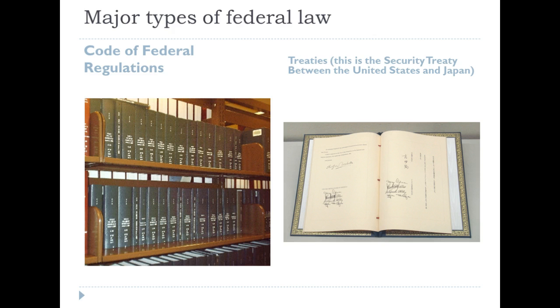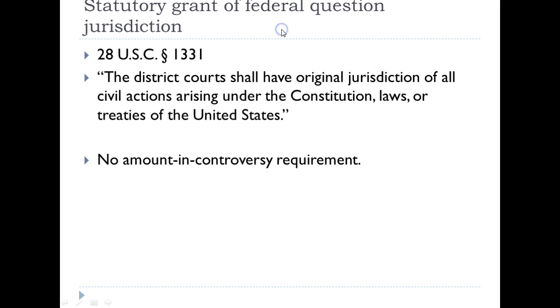But if a particular party who had standing to bring such an action were to assert that a party was violating an international treaty that the United States was a party to, the case would arise under that type of federal law. Okay, so those are just some types of federal law.